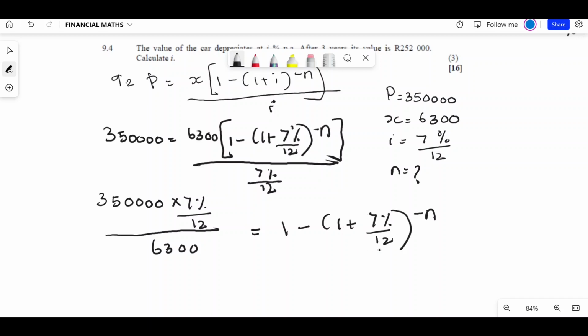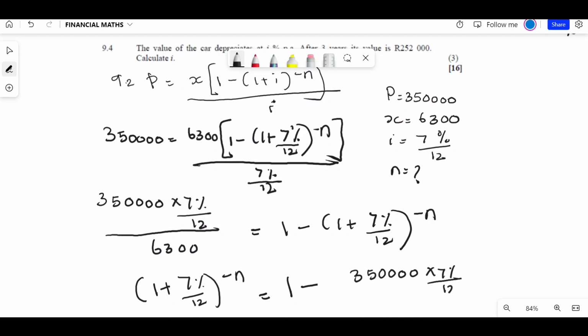You can see the term containing n is negative, so bring it to the left hand side to make it positive. The term is now positive, and what is remaining on the right hand side is 1. Now take that fraction on the left to the right, times 7% over 12, the whole divided by 6,300.